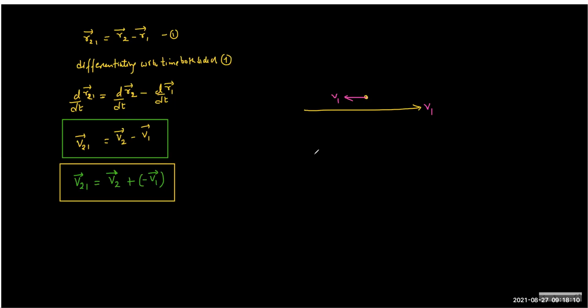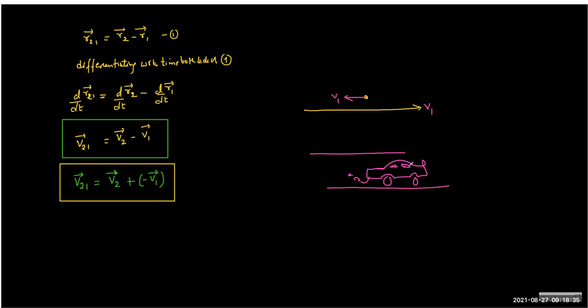If there is a road, there is a car, and there is a driver in the car. So let's say you're driving this way.